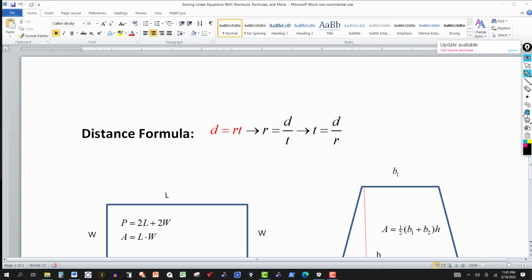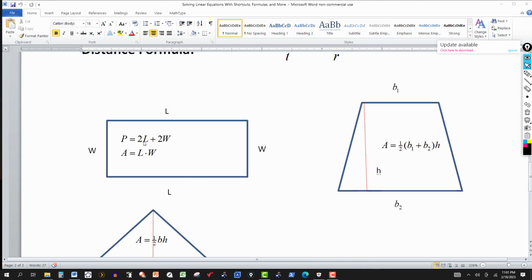Okay, let's clear this. Now let's look at the next one. Here we have a rectangle, the first one here. And we have two formulas that you can use. Maybe you'll see them later on in your study. The perimeter. So the perimeter is the distance around. So if I take this distance, I add up all the sides.